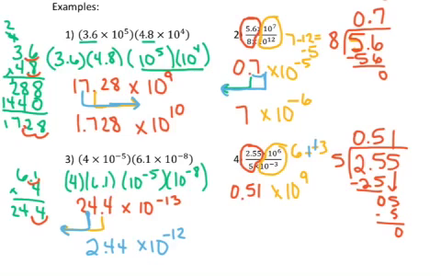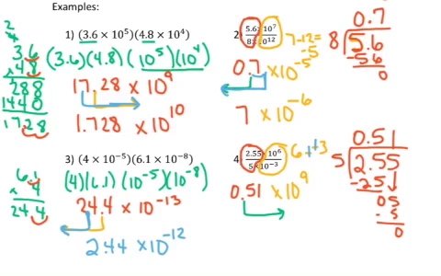Is that in scientific notation? It needs to be. This number here has to be between 1 and 10, and it's not. We need to move that decimal point one place over. So the exponent of 9 here tells me that I need to move the decimal point 9 times to the right.